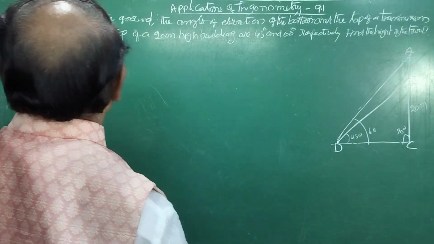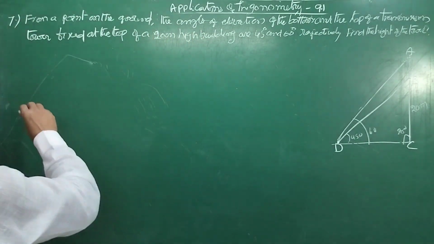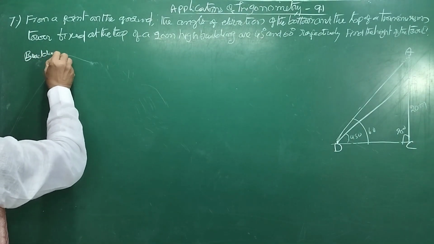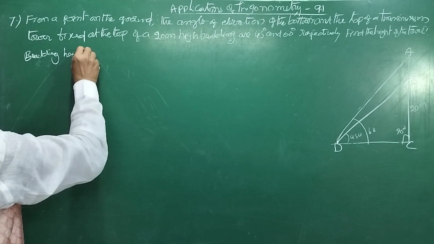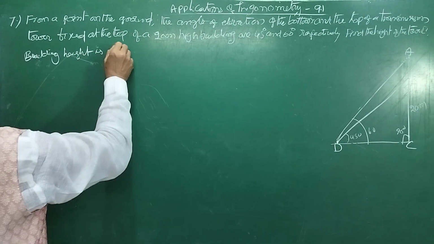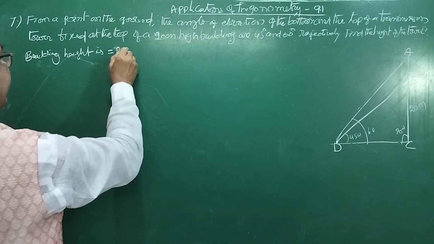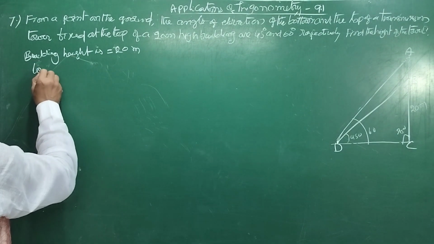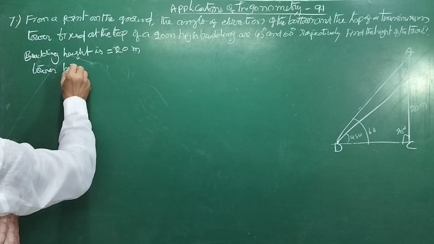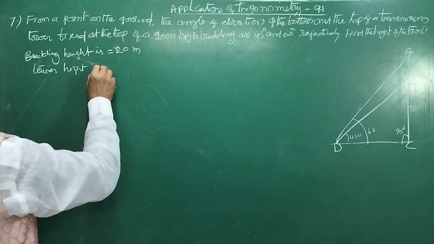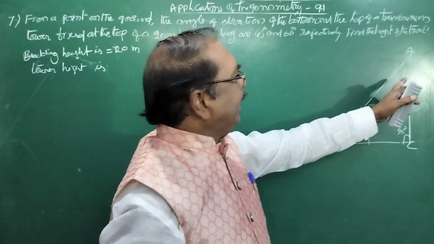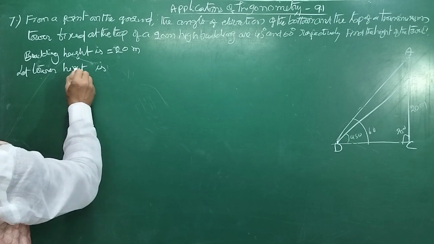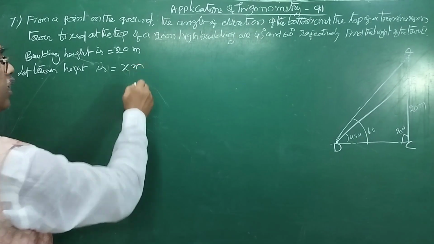First of all, let us write: building height is 20 meters. Tower height we don't know, so let the tower height be X meters.